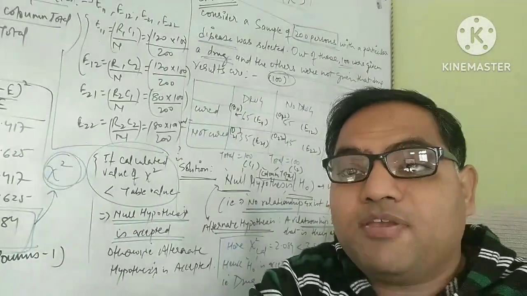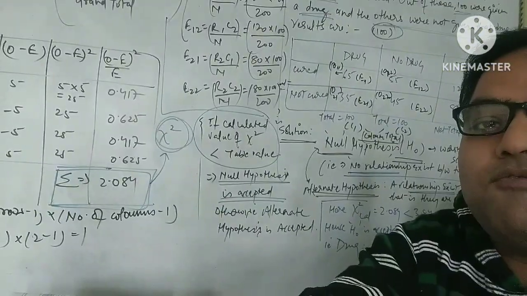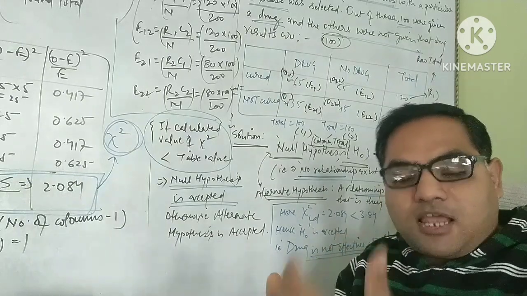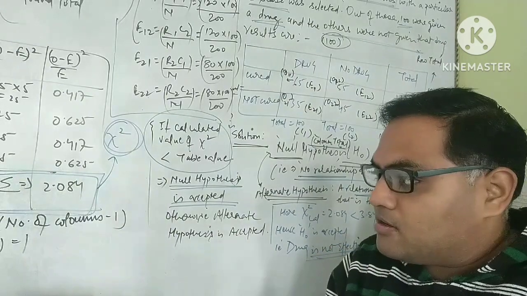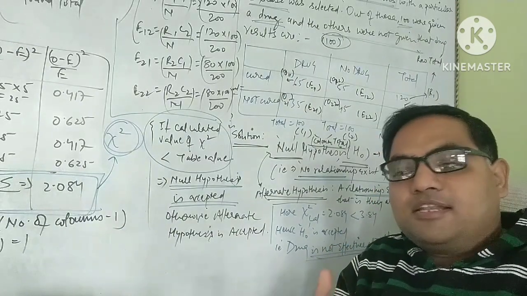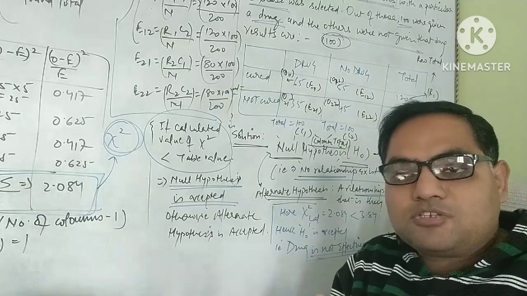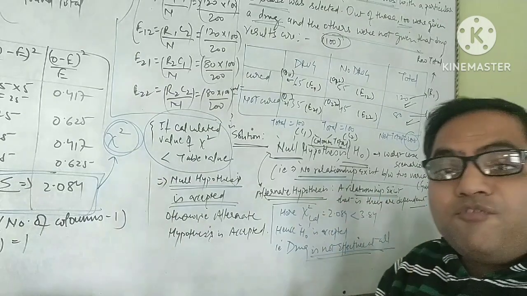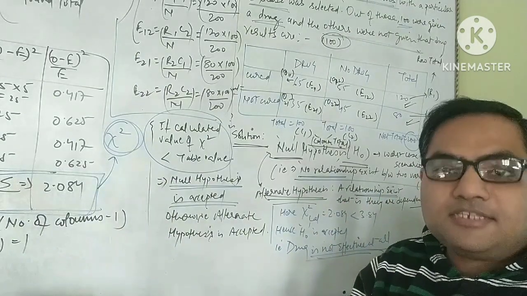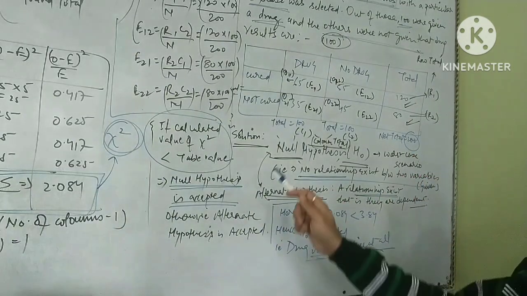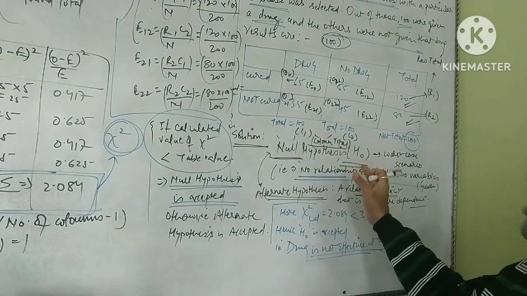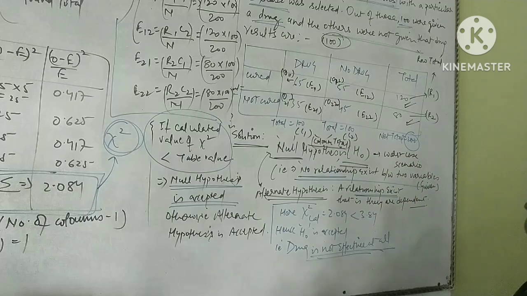So how can we arrive at the hypothesis? Last time we discussed that we will start with treating a hypothesis, that is the null hypothesis. The null hypothesis always depicts, we can say, the worst part of the case, and it is always denoted by H0.